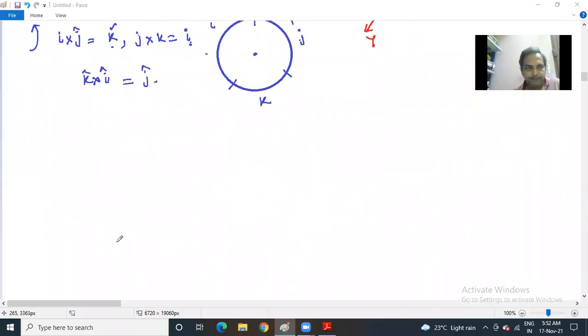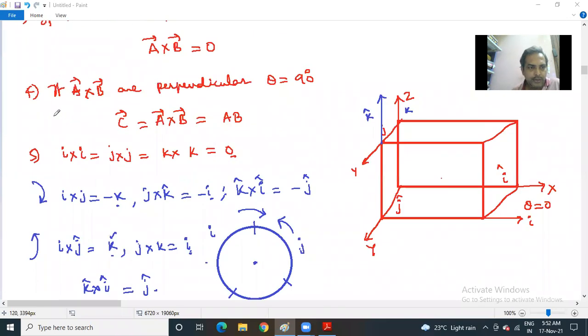And last property. This is 6A. This is 6B.